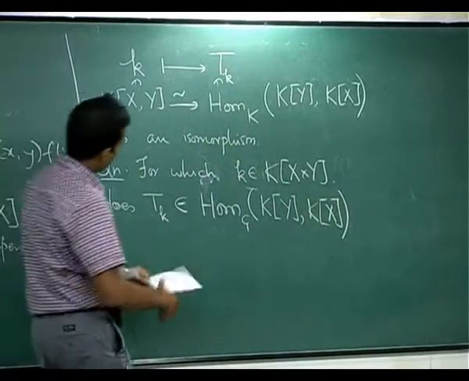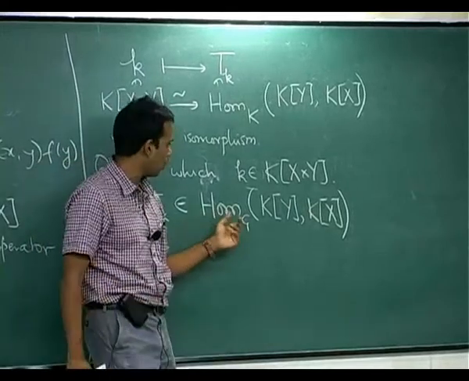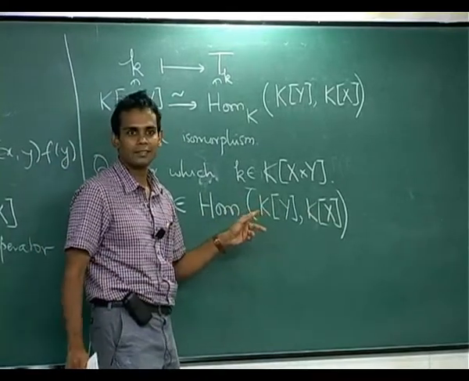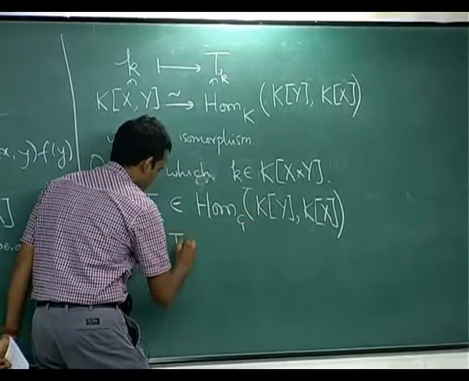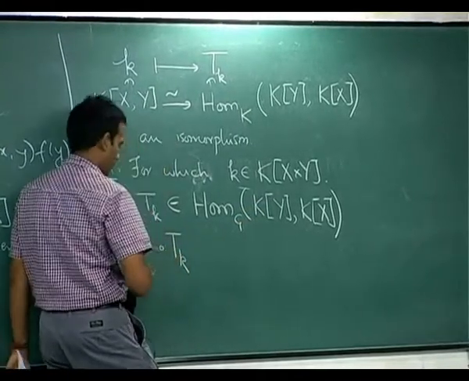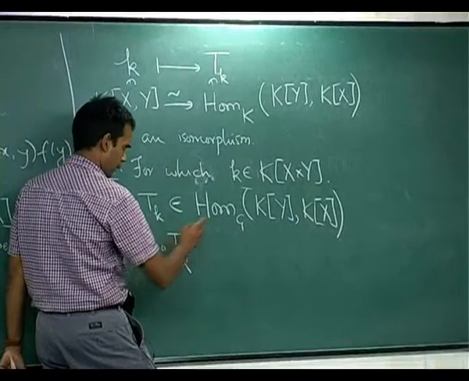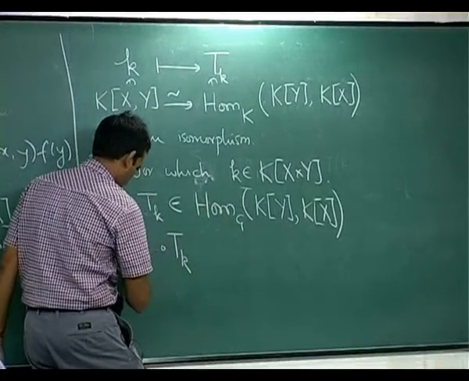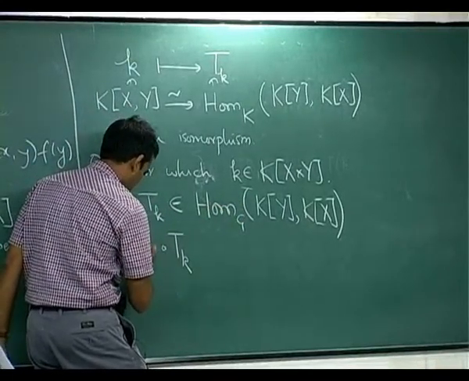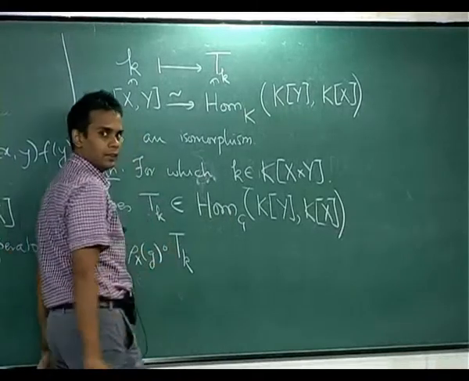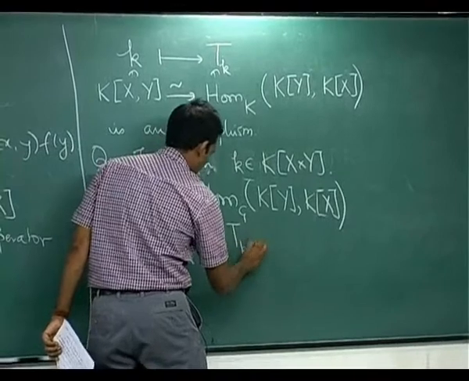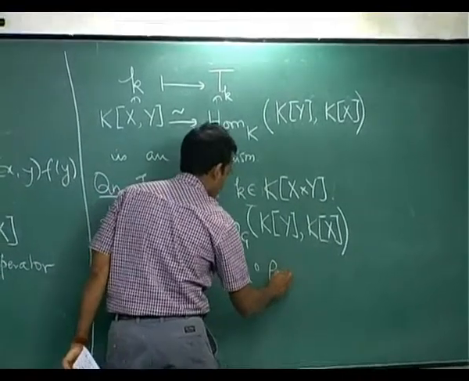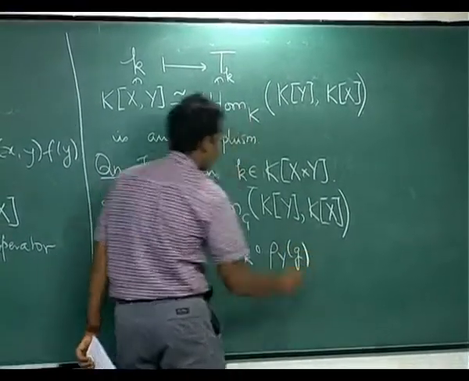So this condition, belonging to Hom_G(K(Y), K(X)), remember what it means? It means that t sub k, when you compose it with rho_X(g), should be the same as t sub k composed with rho_Y(g), for all g in G.